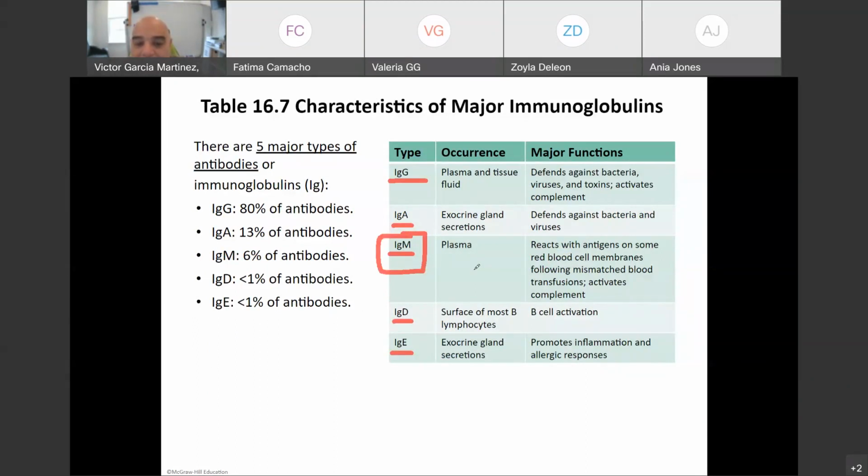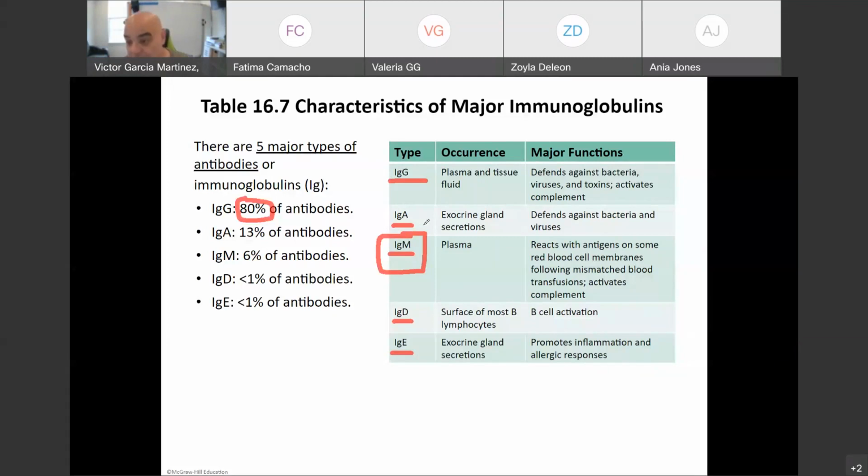Then we have IgG, which is the most common antibody that we have in our blood. 80% of your antibodies are IgG. Then we have IgA, and it's about 13% of the antibodies.